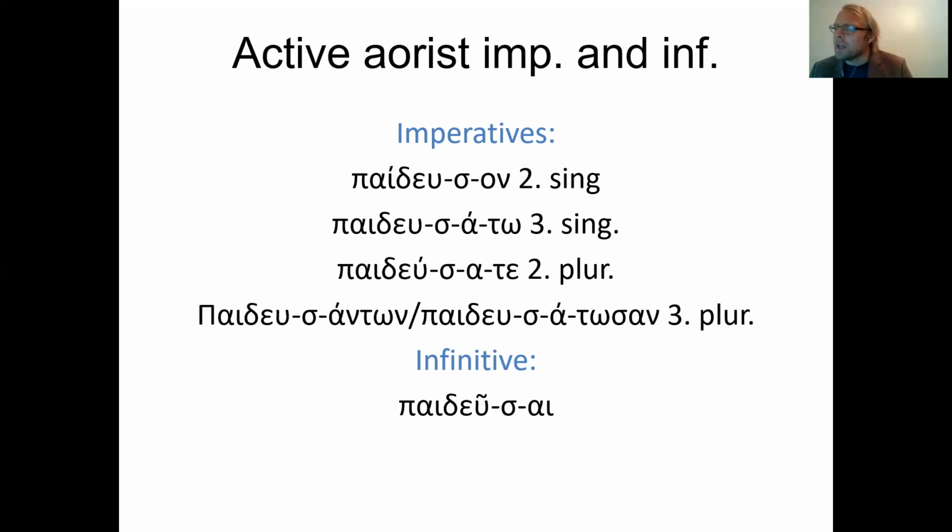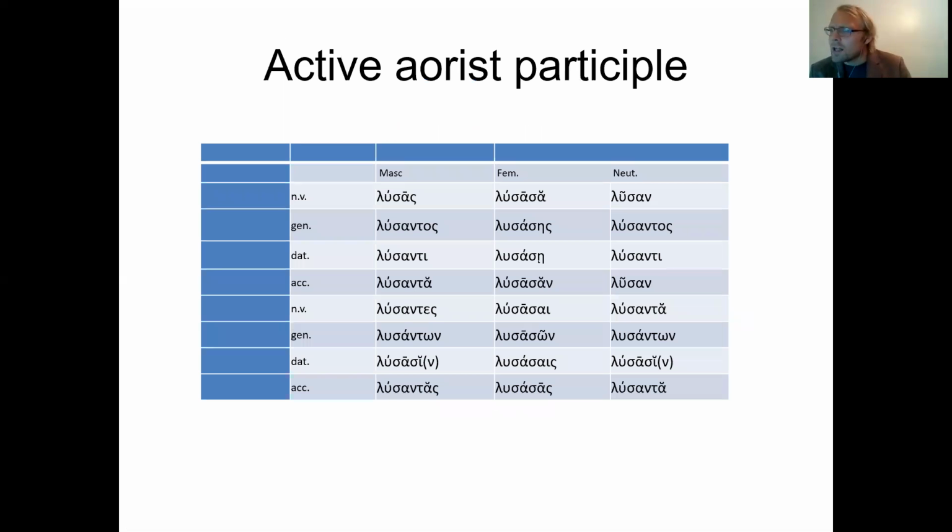Then we have the aorist infinitive active here as well, which is paideusai. Fine, let us look at the active aorist participle then, with the verb lyo, which means to loosen, as our example.